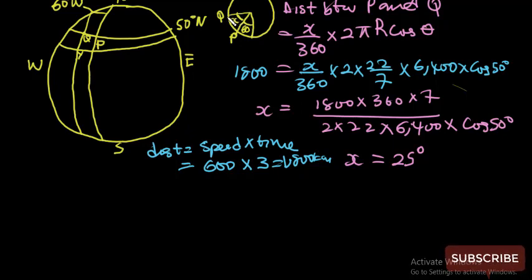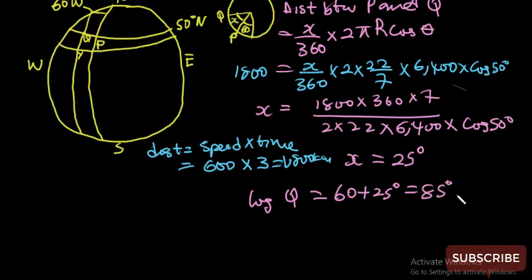So the longitude of Q is going to be what? It has traveled from this 60 plus 25. Did you get that? That is going to give us 85 degrees west. So that is the longitude of Q.